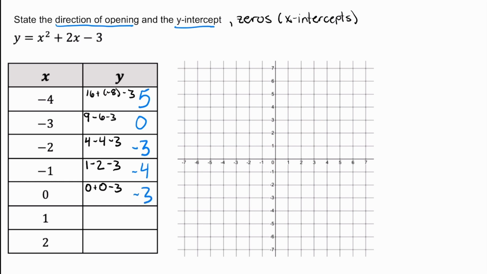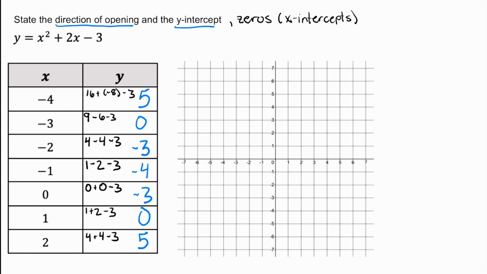So that's negative 3. Subbing 1 into our equation, 1 squared is 1. 2 times 1 is 2. Minus 3. So that is going to be 0. And then subbing 2 into our equation, 2 squared is 4. Plus 2 times 2 is 4. Minus 3. And the value of that is 5.